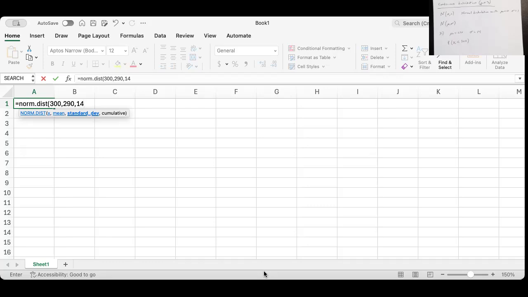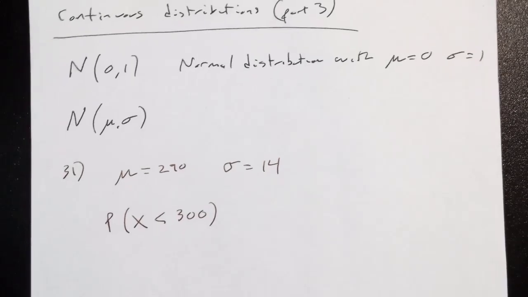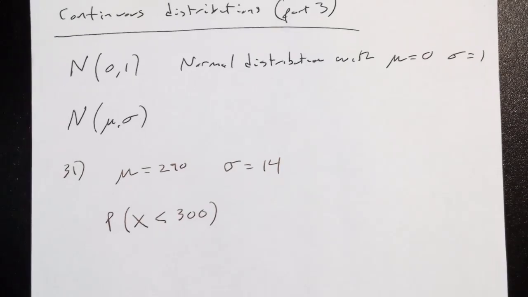Before I put in the 0 or the 1, I'm going to go back to my paper and ask you one question that we probably should have started with. Draw the picture. What's the picture of our normal distribution look like for this probability?